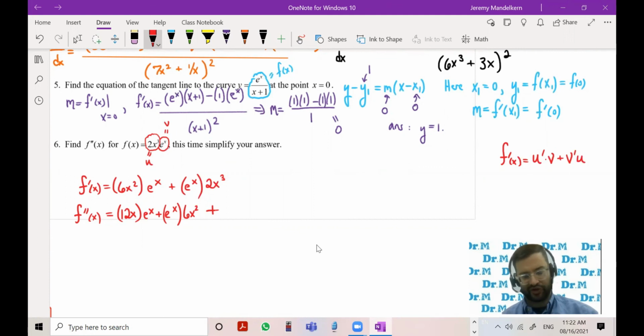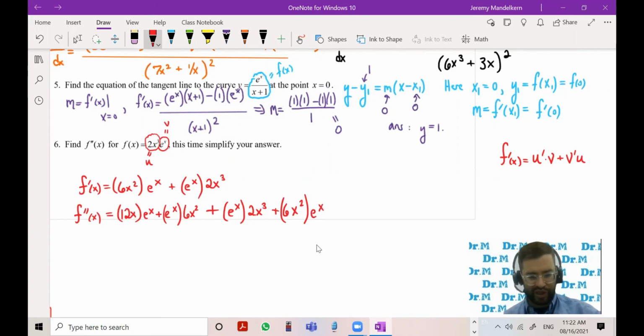The derivative of the first function, this time, is e to the x, times the second function, plus the derivative of the second function, which in this case is 6x squared, times e to the x. Let's make this look pretty.